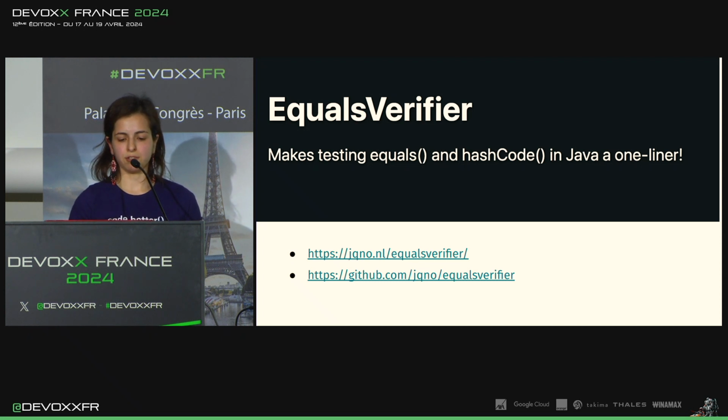It's called EqualsVerifier, and you just write one unit test, it's a one-liner, but then you are safe and you can see that you don't violate the contract. So here are the links. I'll share the slides afterwards. This is a tool worth looking into.